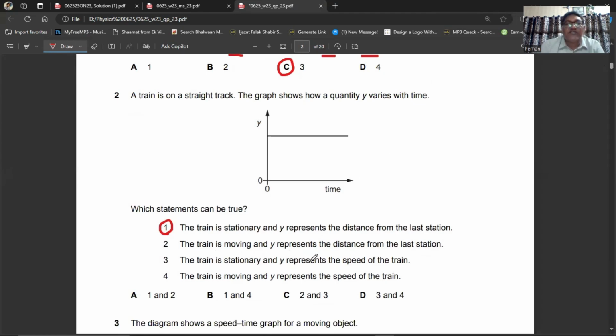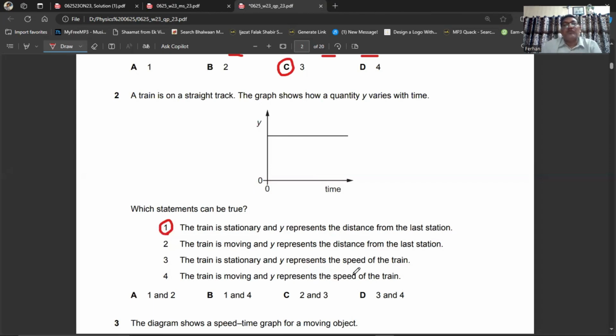The train is stationary and y represents the speed of the train. If y is speed and the train is stationary, which means the speed is 0, then this horizontal graph should be on the x-axis. The train is moving and y represents the speed of the train. Yes, that can be possible, if the train is moving with a constant speed.